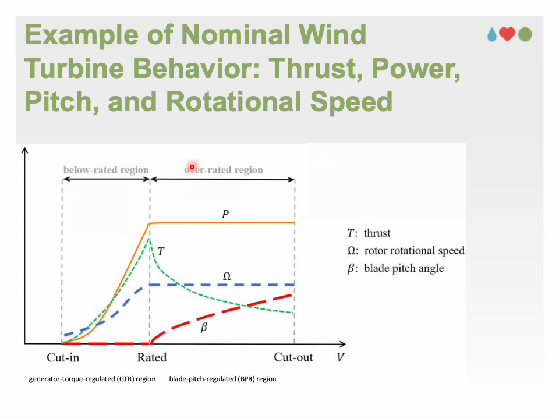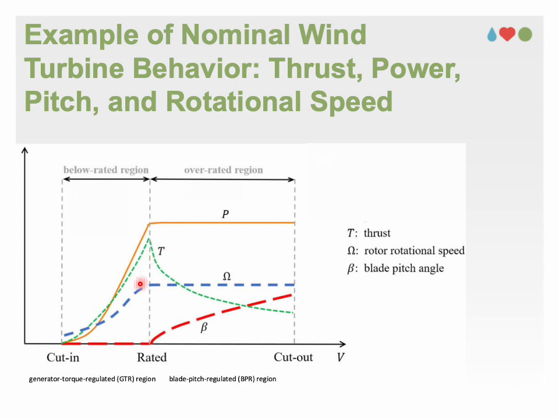begins in region 3, above rated wind speed, the thrust force decreases as blade pitching limits aerodynamic loading. Wind turbine designers often aim to reduce this thrust peak slightly below rated wind speed.